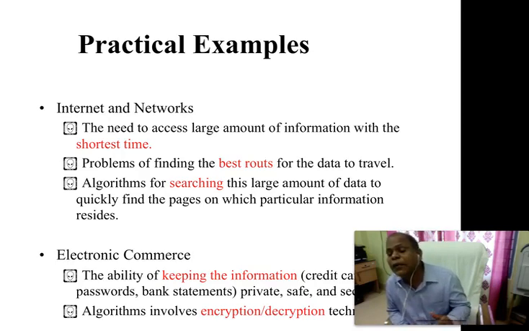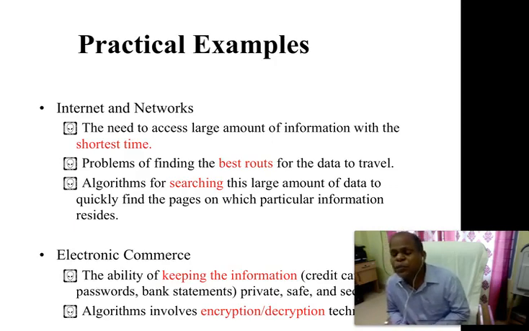That is the concern in the internet or network. Hence, while you are designing internet networking, that means the best route, how your data will follow the best route, for that you have to design some procedure. That is nothing but an algorithm.